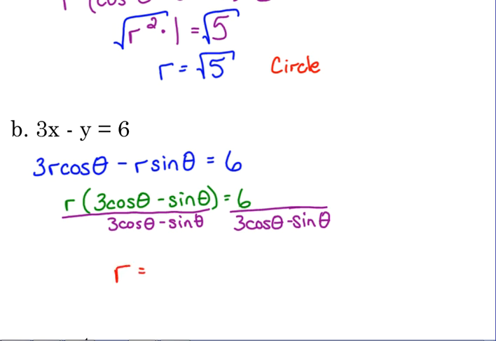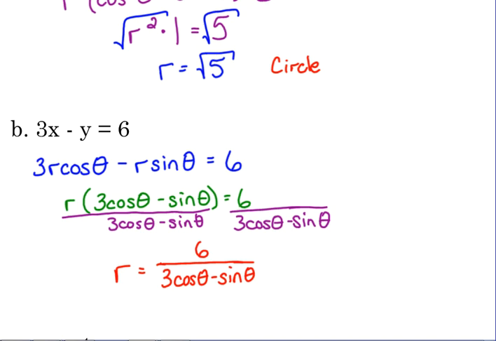So r equals 6 over 3 cosine of theta minus the sine of theta. Remember, we cannot simplify that any further. That 6 over 3 will not reduce because sine does not have a coefficient that will reduce with 6 and 3. So that's as much as we can do with it.